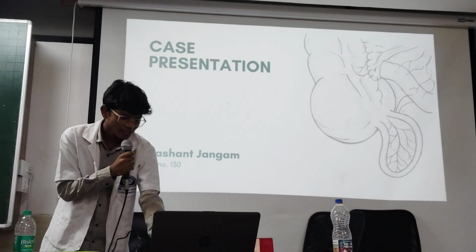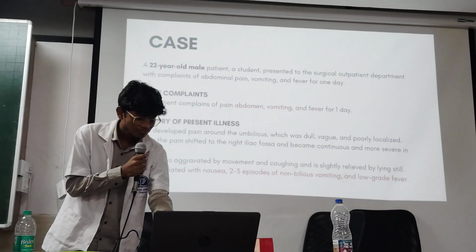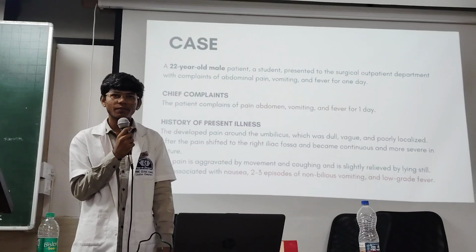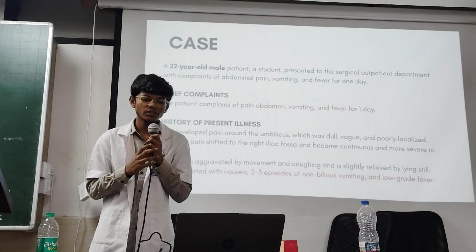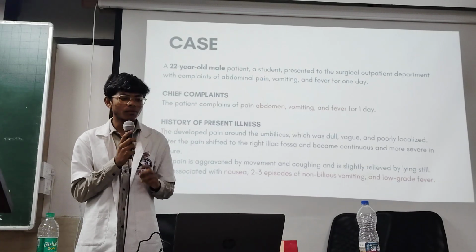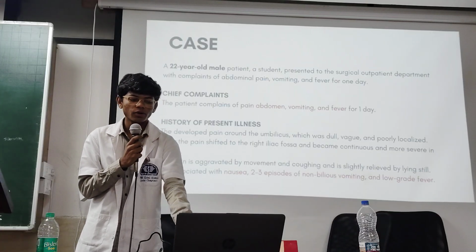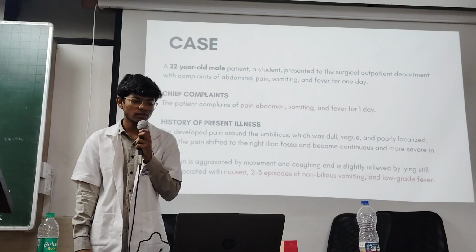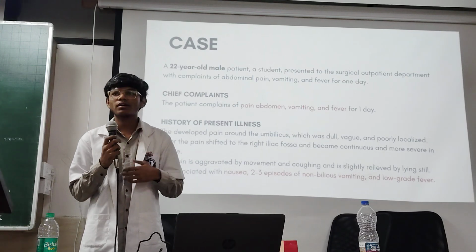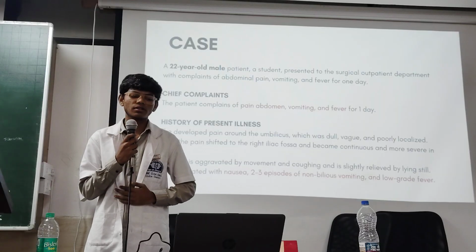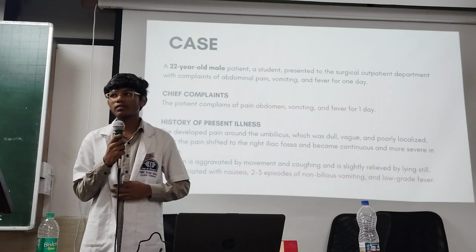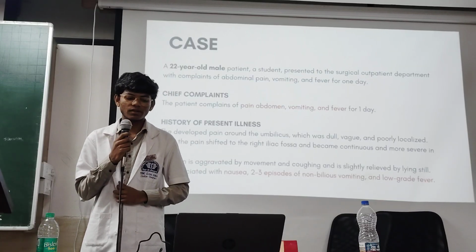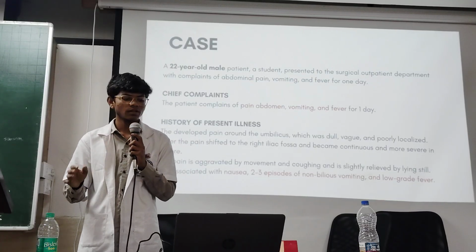So let's discuss a case. A 22 year old male comes to the surgical outpatient department with complaints of abdominal pain, vomiting, and fever for 1 day. In the history of present illness, there was pain in the umbilical region, which was vague, dull and poorly localized.